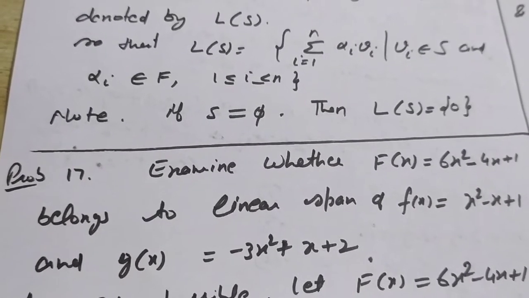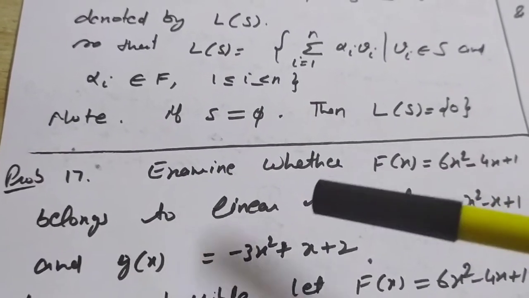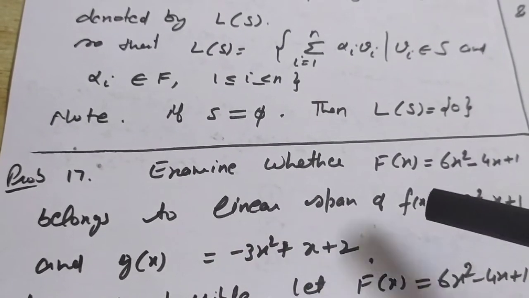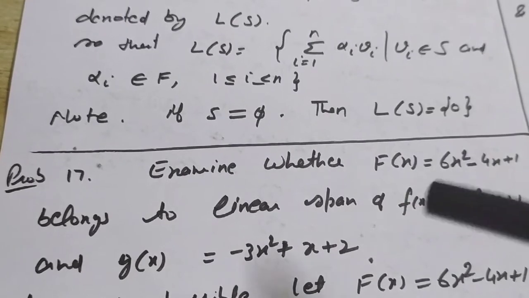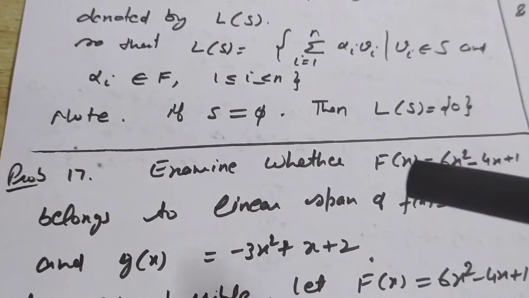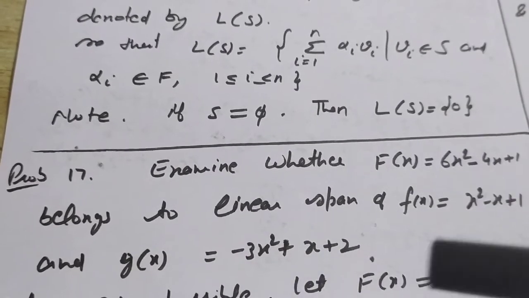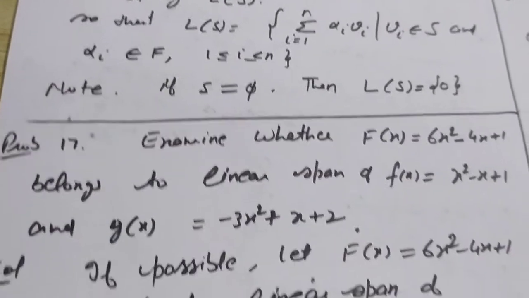Whenever I talk about the linear span, it means I am talking about the linear combinations. So here the linear span is of small f(x) and small g(x). I will make the linear combination of f(x) and g(x), then I will check whether this element belongs to this linear span or not. For that, what is the procedure?